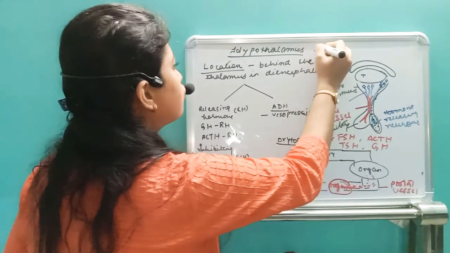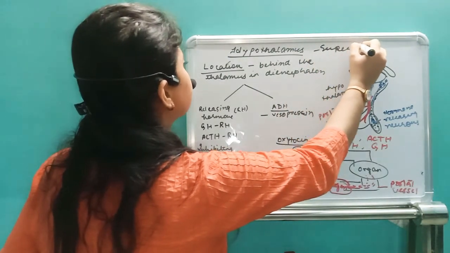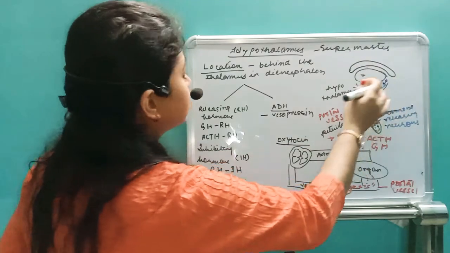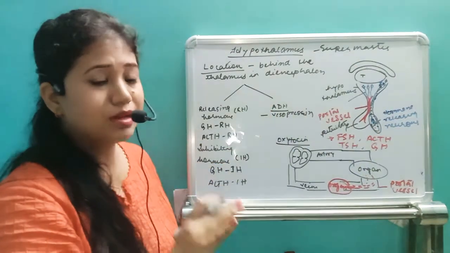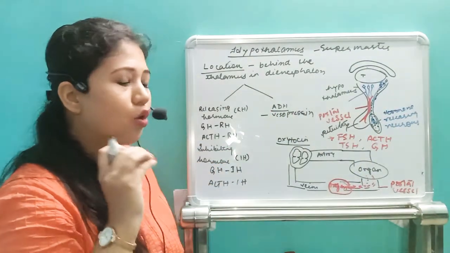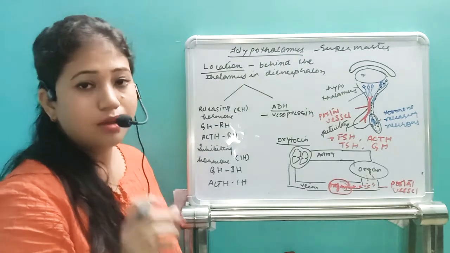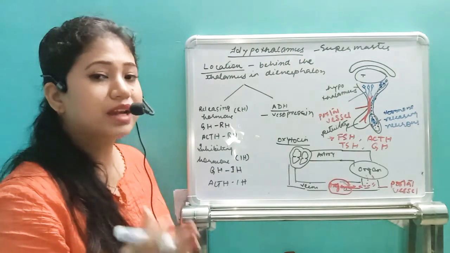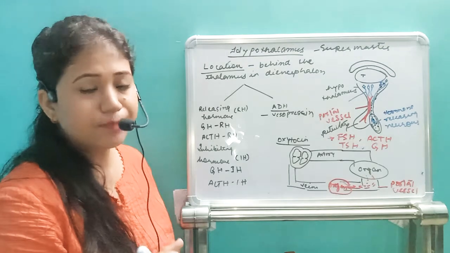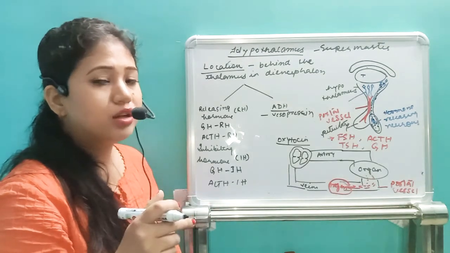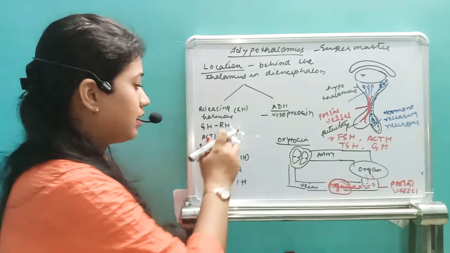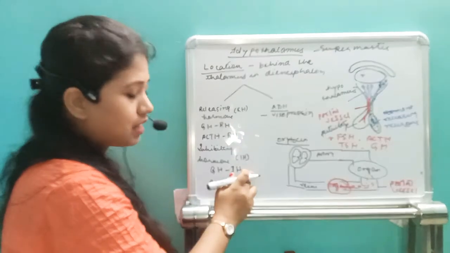So you can understand the function of the hypothalamus. It's called a supermaster. Why? Because the hypothalamus takes whole control of the pituitary gland, which is divided into two parts, anterior pituitary and posterior pituitary. The hypothalamus controls the anterior pituitary by releasing RH and IH.